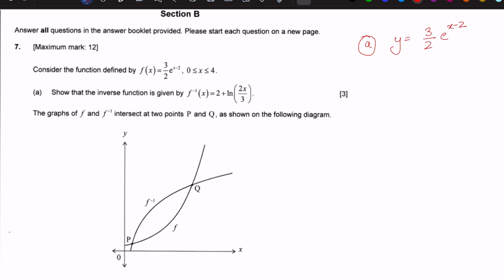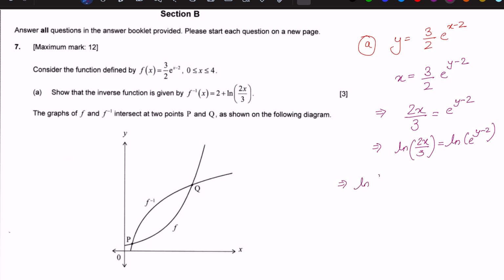In order to find the inverse, we have to flip x and y, and then convert the equation in terms of y. So I'll just flip x and y. I have to solve this equation in terms of y. So 2x/3 equals e to the power of y minus 2. Now if I take ln on both sides, ln of 2x/3 would be ln of e to the power of y minus 2.